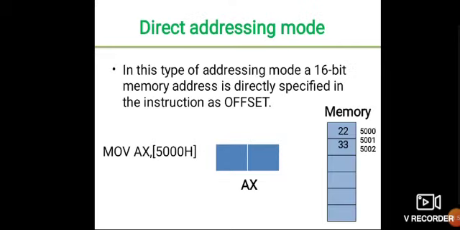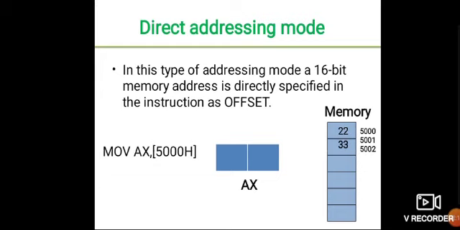The second addressing mode is direct addressing mode. In this addressing mode, a 16-bit memory address is used as an offset, which means that this 5000 will be treated as an address. Here I'm not going to talk about any physical address calculation.